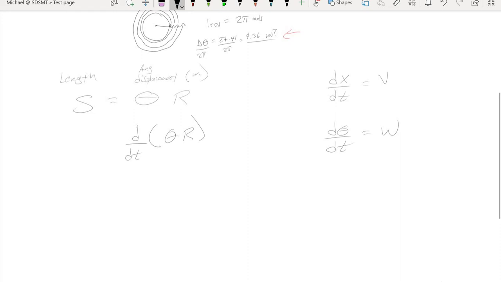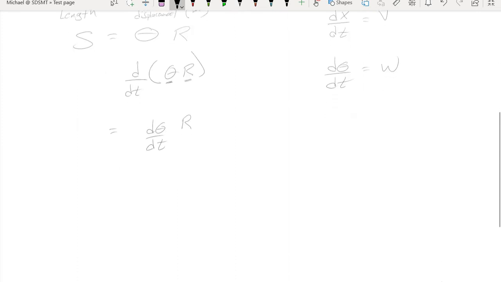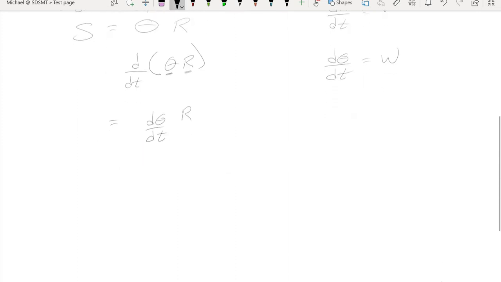As I move around the circle, the angle constantly changes, but the radius is kept constant. So the radius will just come along for the ride, but it will be the change in angular position with respect to time, which by definition is angular velocity.